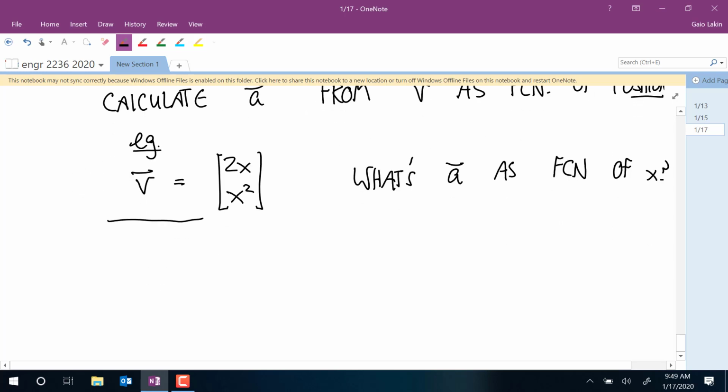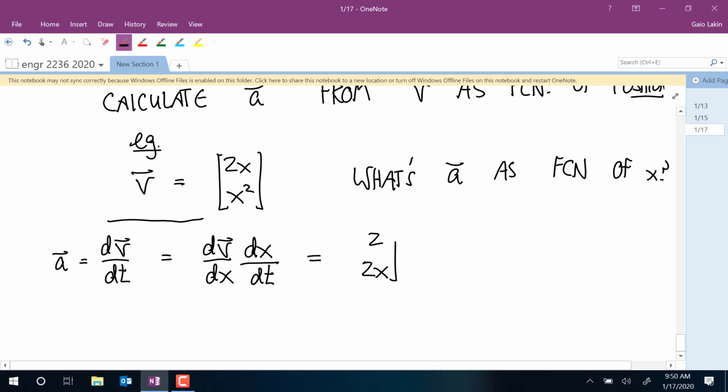Well, we know that the acceleration is the time derivative of the velocity. We can't do that explicitly because we don't know the explicit dependence on time, but we can think of this as dv/dx times dx/dt. Now dv/dx is 2x. That part was easy. And what's dx/dt? The x component of velocity.